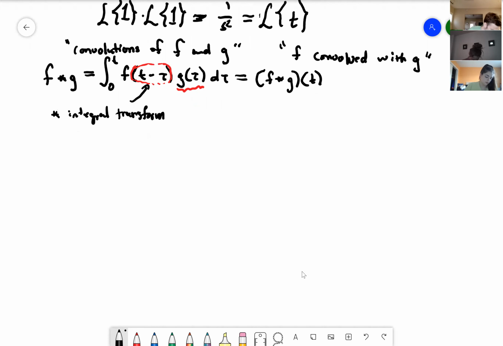And what are some properties of this thing? Well, if we take this integral right here, and we do a change of variables, so we replace t minus tau with a new variable called xi, which unfortunately is a pain to draw.